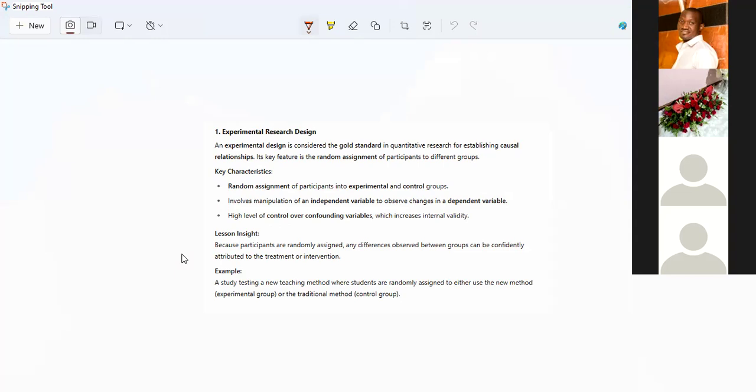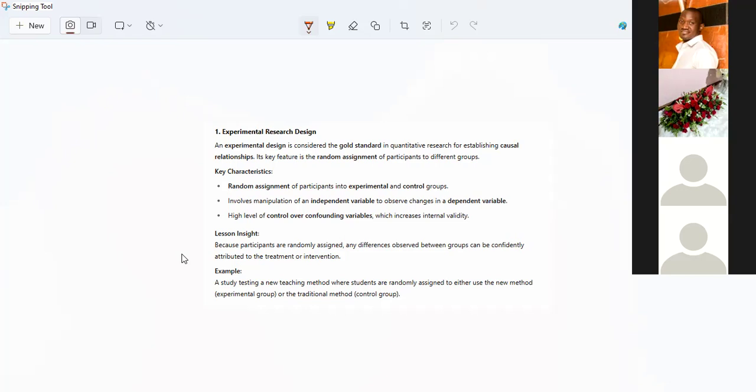So the characteristics that experimental research has is that there's random assignment of participants to experimental or control groups, and it involves manipulation of independent variables to observe the changes in a dependent variable, and it has a high level of control over the confounding variables. I've been explaining what the confounding variables are. So here, we must understand that participants are randomly assigned. That is a key difference that is observed.